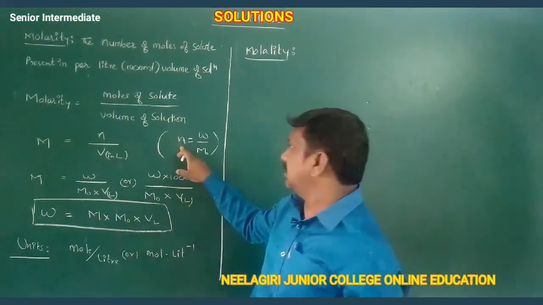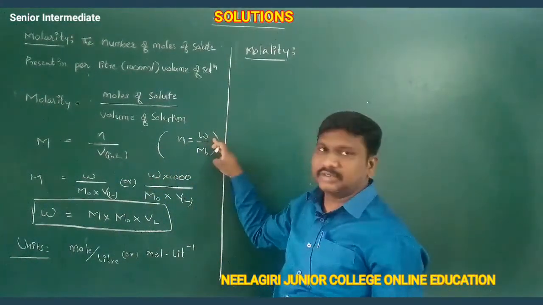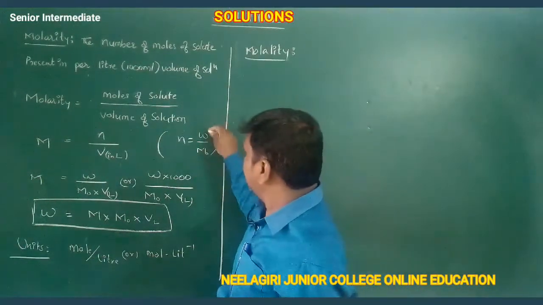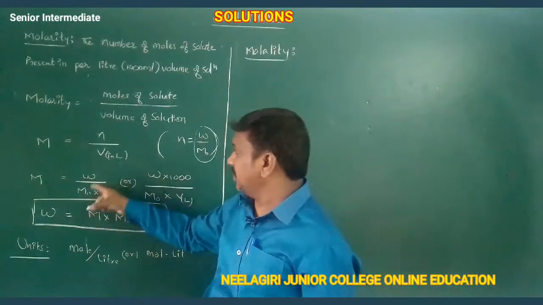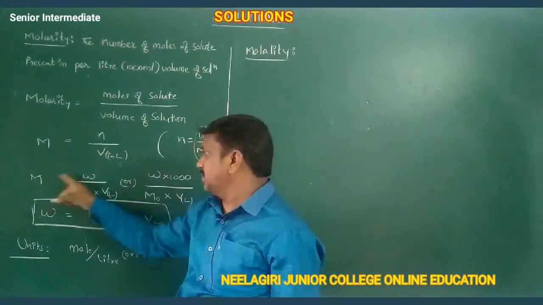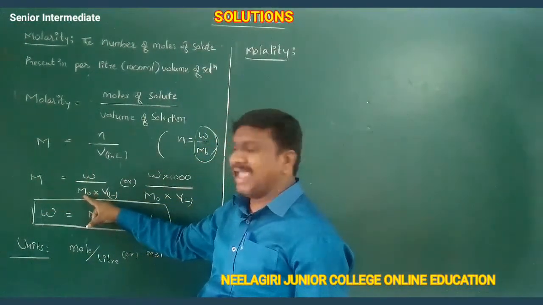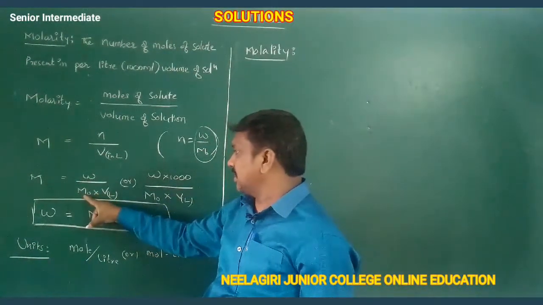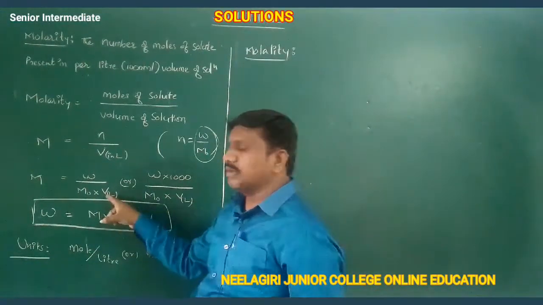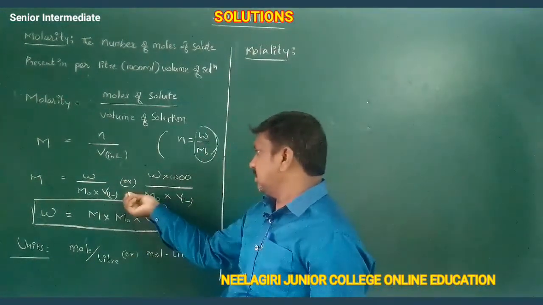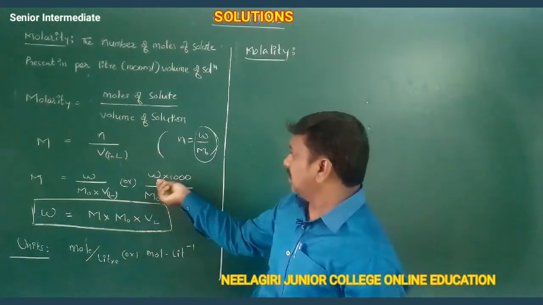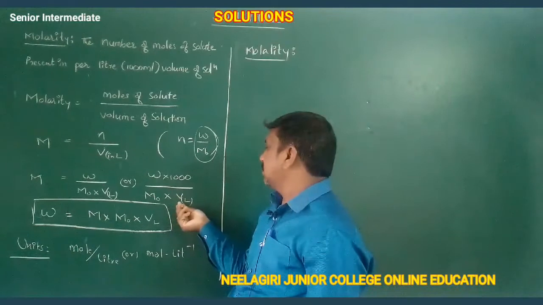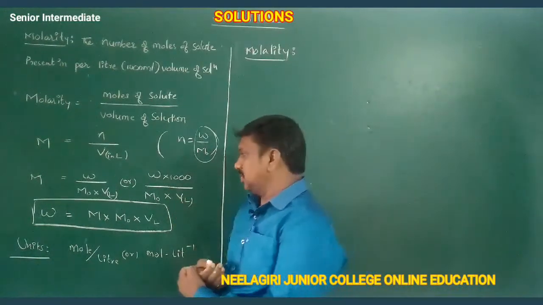Here n is equal to weight of the solute by molar mass of the solute. Now n value implemented here, so M is equal to W by M0, weight of the solute by molar mass of the solute, and volume of the solution, or we can write W into 1000 by M0 into volume of the solution.